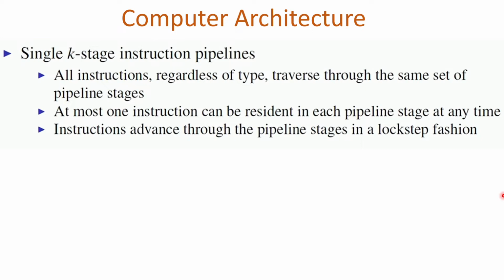For example, all the instructions regardless of type traverse through the same set of pipeline stages. That means we have fixed some particular set of stages, and we have assumed that all the instructions that execute traverse through the same set of stages in some order.